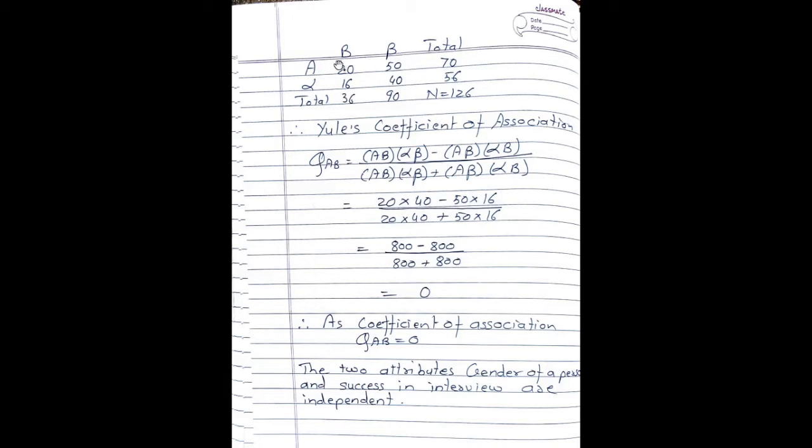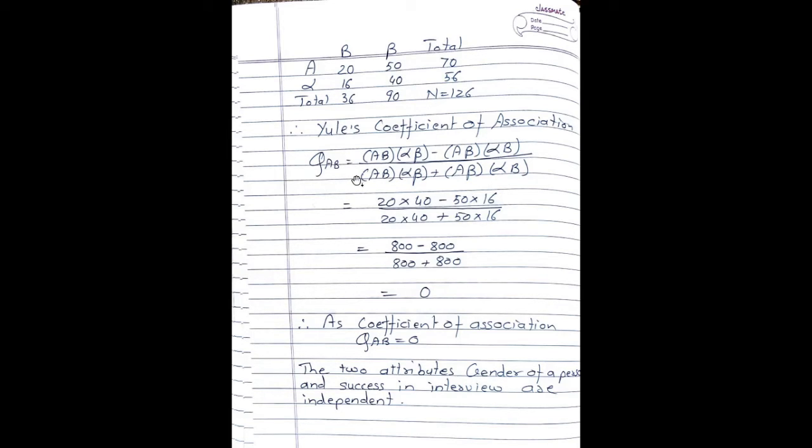So 70 minus 20 is nothing but 50. 56 minus 16 will give you 40. 36 minus 20 will give you 16. 90 minus 50 will give you 40.